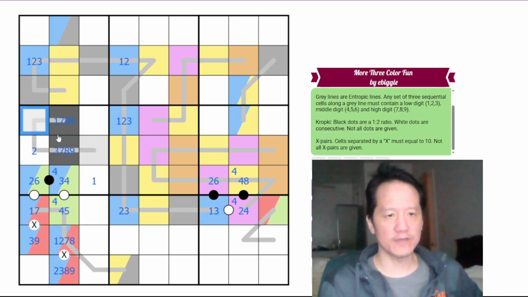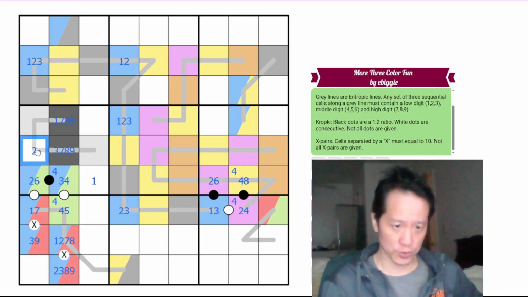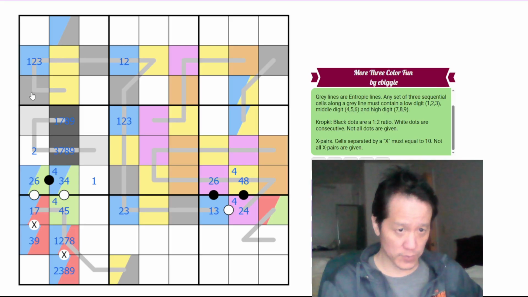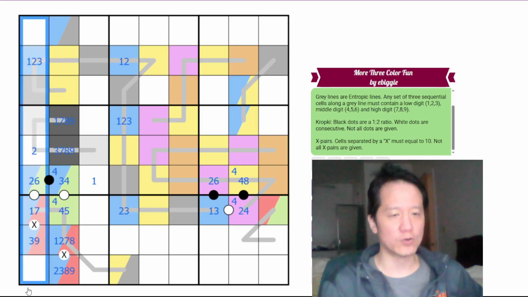Because we can't have 2 of them in this 5 cell entropic line, right? So it has to be 1. So that has to be 2. Either way, there would be 3 blues already in column 1, right?